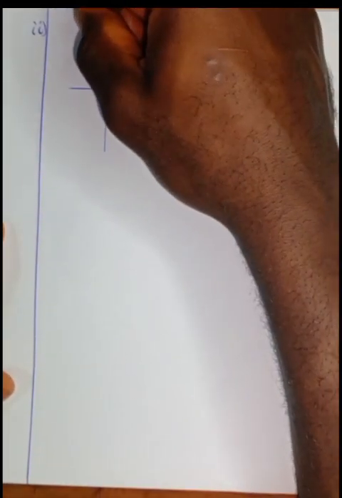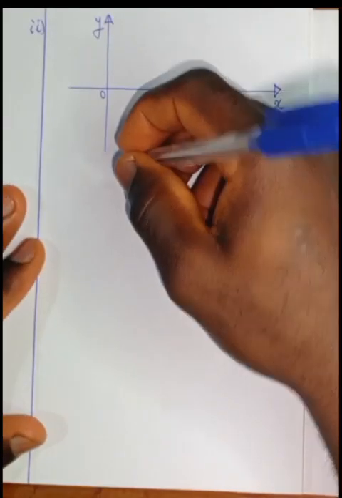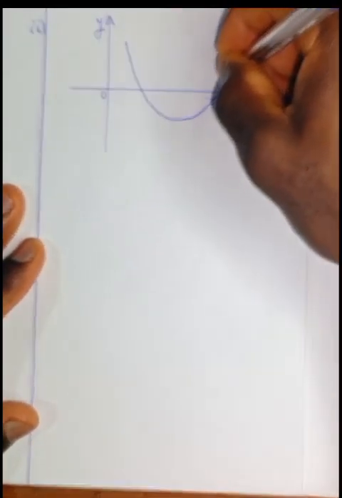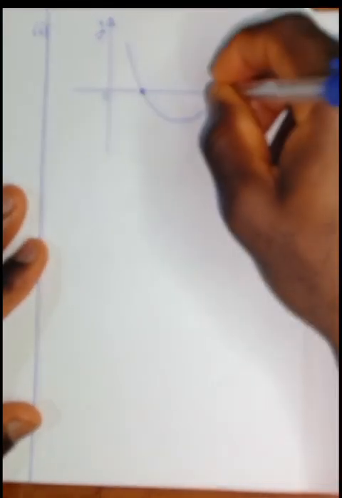This is our x-axis, the origin, our y-axis. In this case, we have the curve as such. It cuts the x-axis at 2 points, here and here.